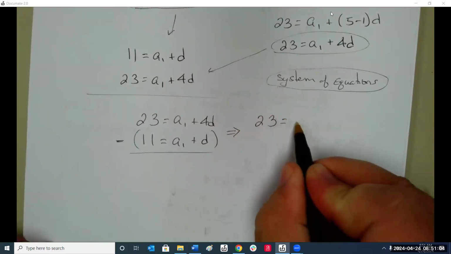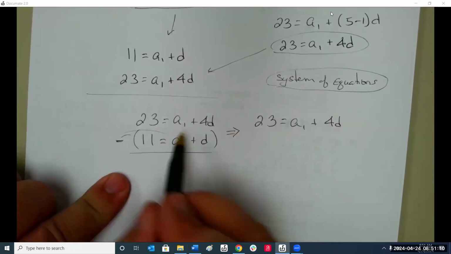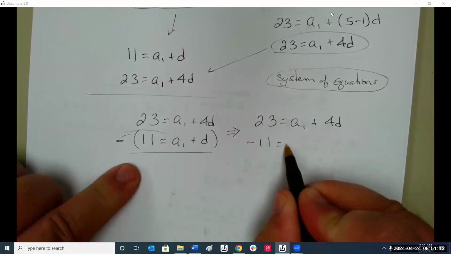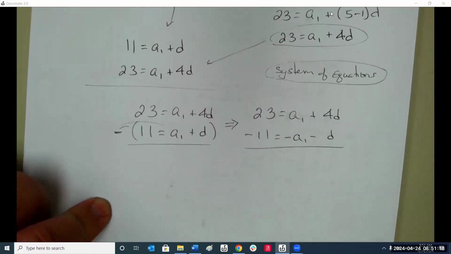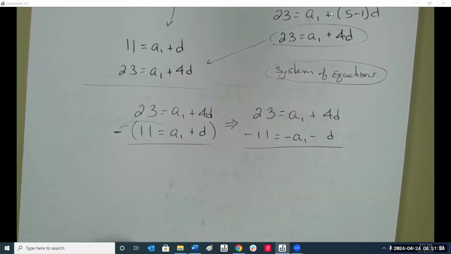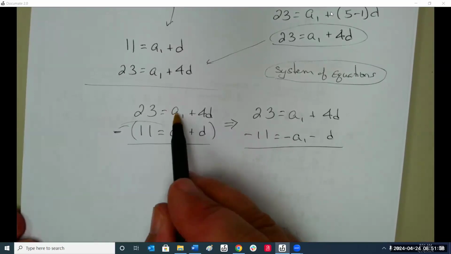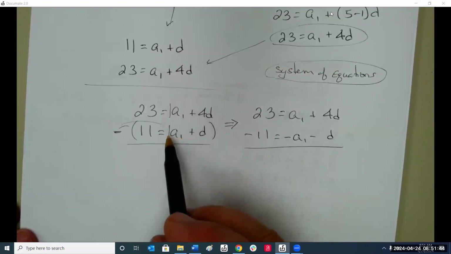So I get 23 equals a sub 1 plus 4d, and distribute that negative, so it's minus 11 minus a sub 1 minus d. What I want to do is get rid of the a sub 1. Since they both have a leading coefficient of 1, I need to make one of them negative. That's why I subtract them.